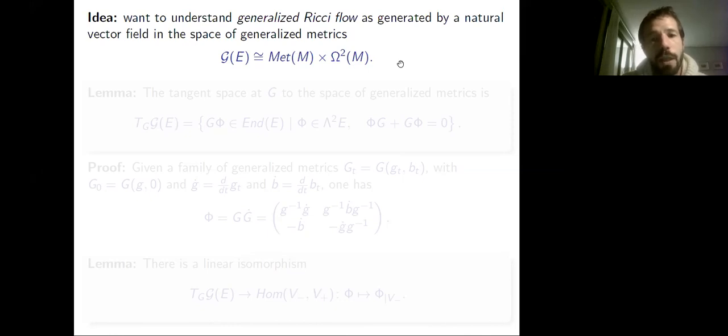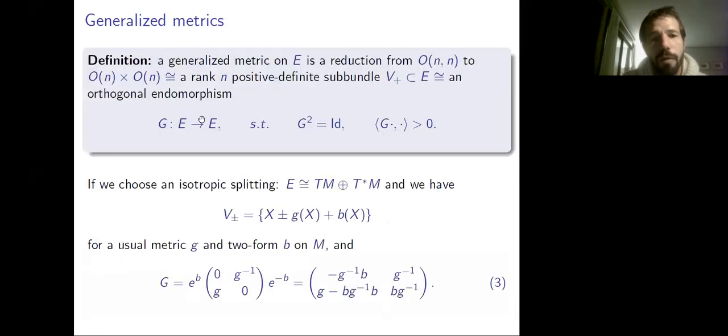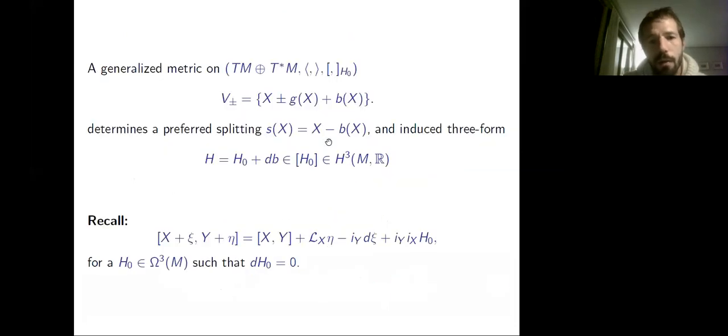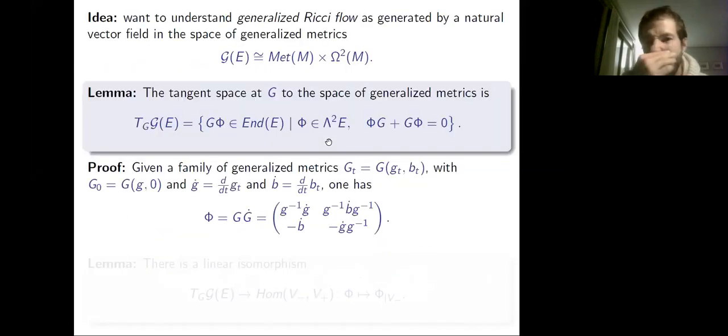So using the defining equations of this endomorphism, the fact that G is an orthogonal endomorphism of the bundle tangent plus cotangent, and that G squares to the identity, what I get is that the tangent space to the space of generalized metrics is given as follows.